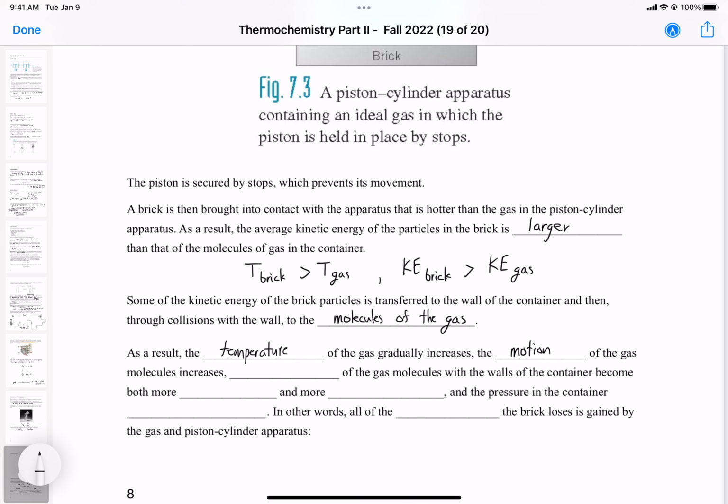And then collisions of the gas molecules with the walls of the container become both more frequent, right? There's going to be more of them, and more forceful, right? And so the pressure in the container will then increase.